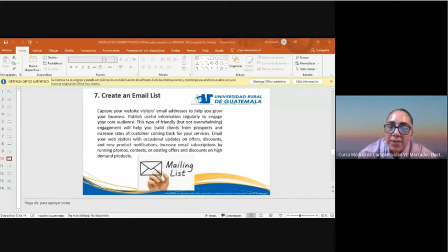Mail your web visitors with occasional updates on offers, like I said before, some discounts and new product notifications. This will increase your sales and email subscriptions, by running promos, contests, or posting offers and discounts on high demand products. To have this information is really important.